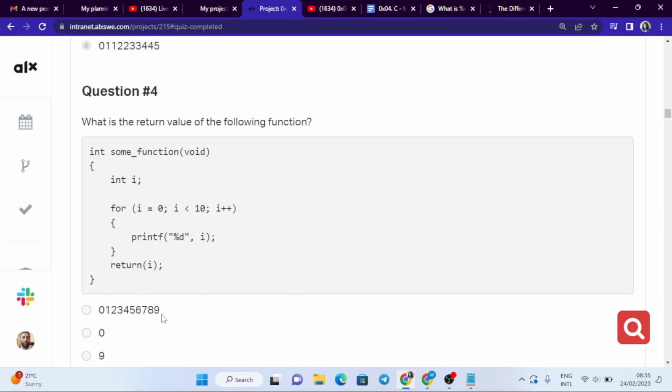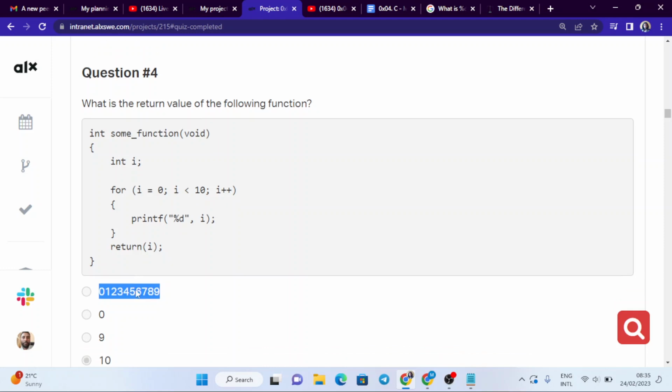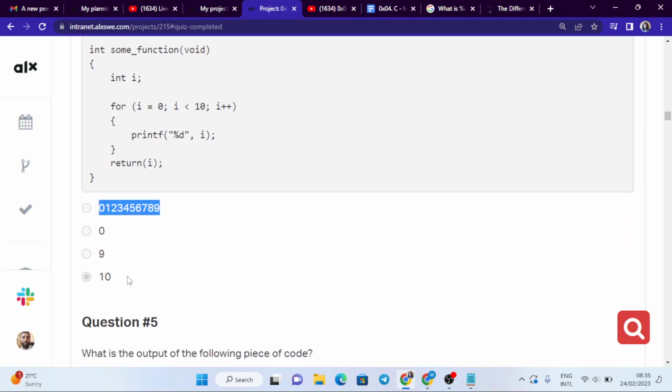The number of returns is this value. When we count them, 1, 2, 3, 4, 5, 6, 7, 8, 9, 10. So return i means there are 10.